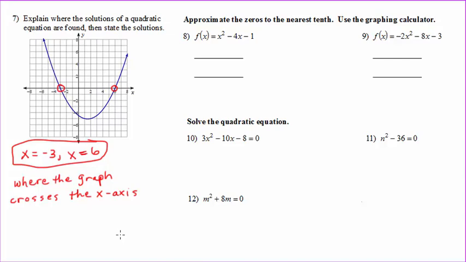On number 8 and number 9, we need to use our graphing calculator to find some zeros. So remember, you plug into y equals x squared minus 4x minus 1, and you go to second trace, and you pick the option that says 0, and it'll ask you for your left bound, your right bound, and then to guess, and what you should get are a couple of decimals.